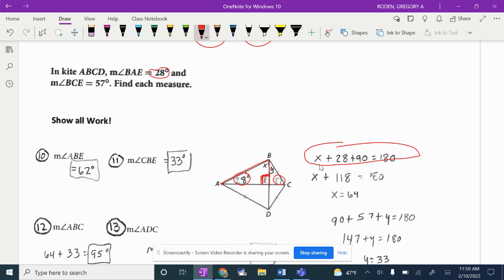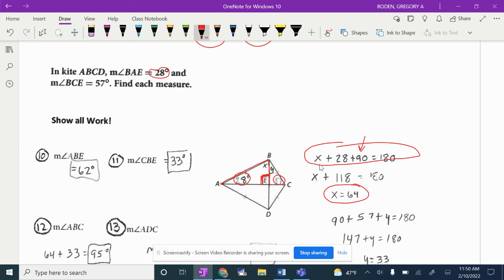So X plus 28 plus the 90, because the diagonals are perpendicular, is 180. Then I combine like terms. 28 plus 90 is 118. Subtract 118 from both sides, and I get 64 degrees.